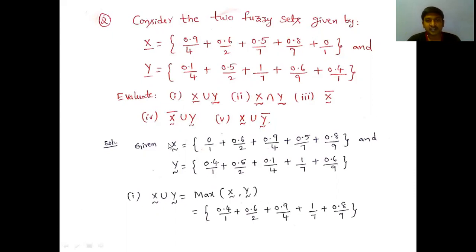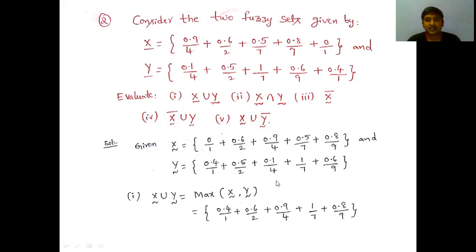So here initially you can write the given fuzzy set values x and y in an order. So actually given 0.9 by 4, 0.6 by 2, 0.5 by 7. Now here we can write in an order.